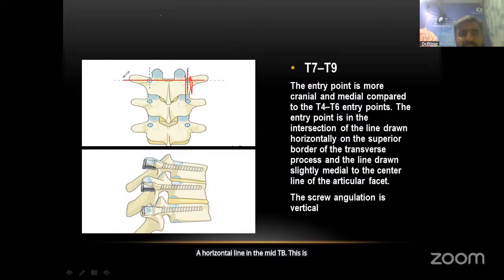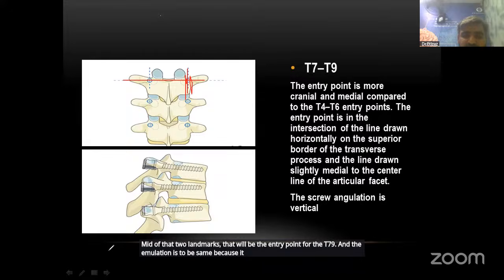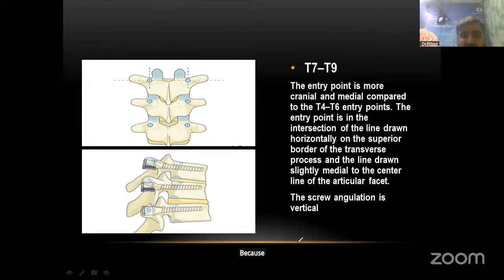This is the intersection line. Then we have to take the mid of these two. Simply, you can say just the lateral part of the lateral facet, superior and inferior, and just the medial part of the transverse process, that is this portion. The mid of those two landmarks will be the entry point for T7 to T9. And the angulation will be the same because it is in the MP direction, as we have seen, because the pedicles are now in the epi direction.